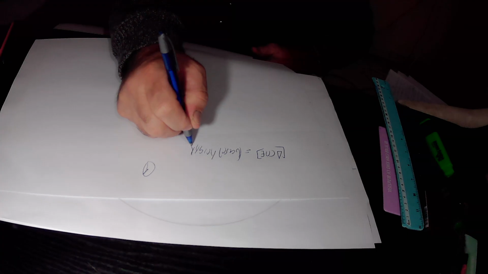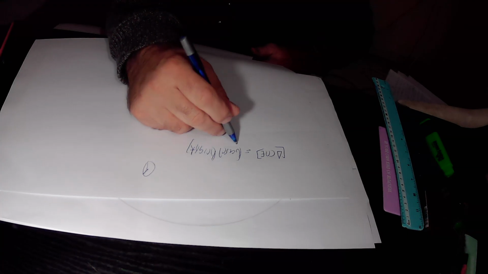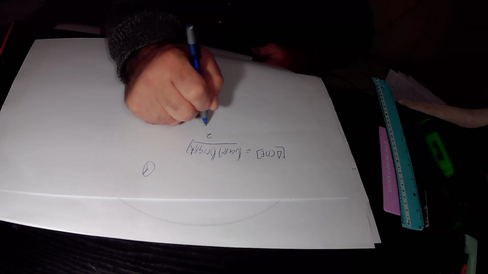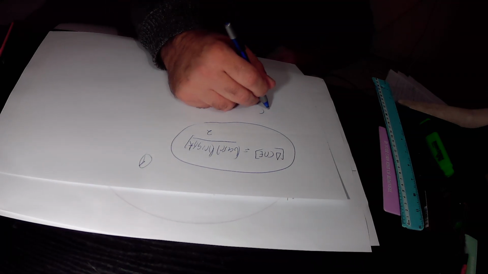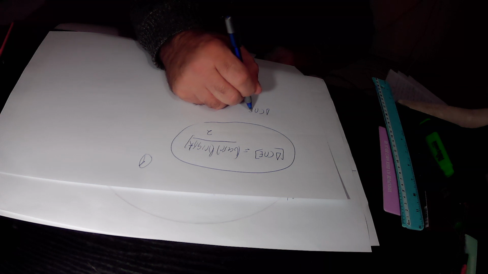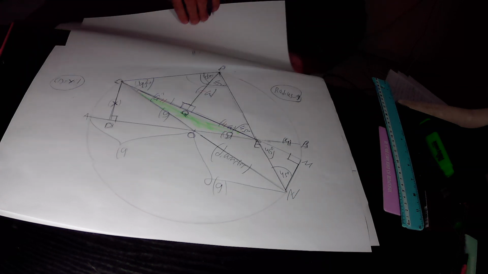The height must create 90 degrees with the base. So the area of the green triangle COE is equal to the base.